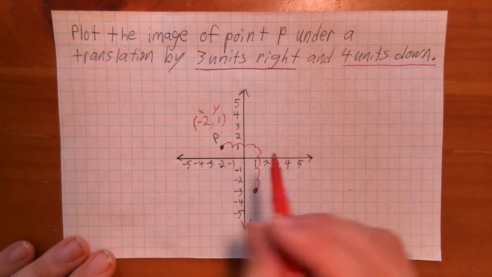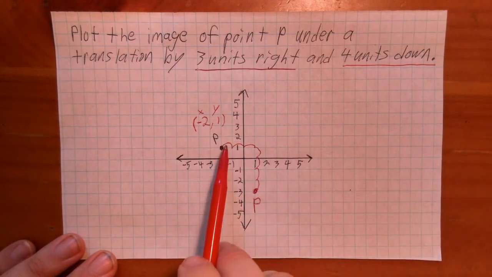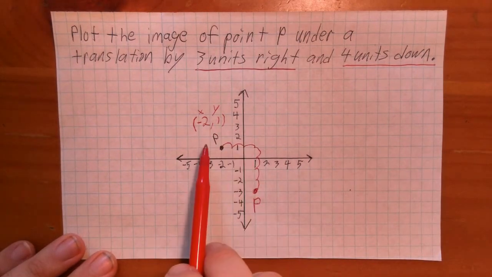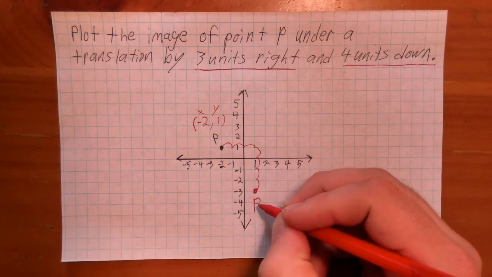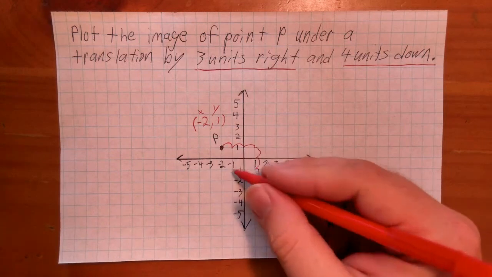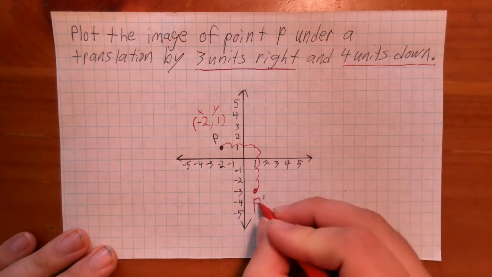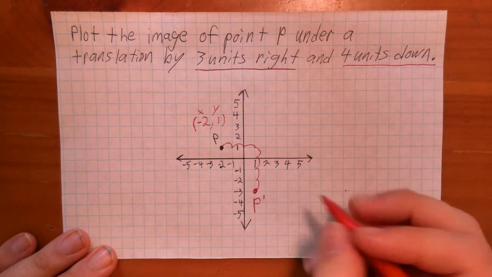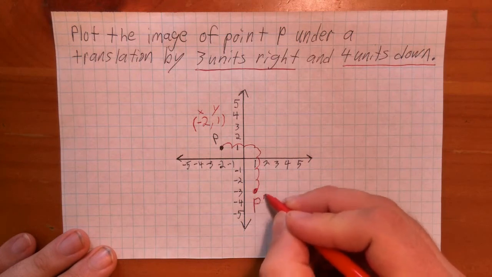So we just translated point P. And whenever we move a point on a graph like this, I'm not going to label it just point P because that would be confusing. I would have 2 different point P's. What we do is we put an apostrophe by that point P. This marks that, hey, this is a point P that we moved.